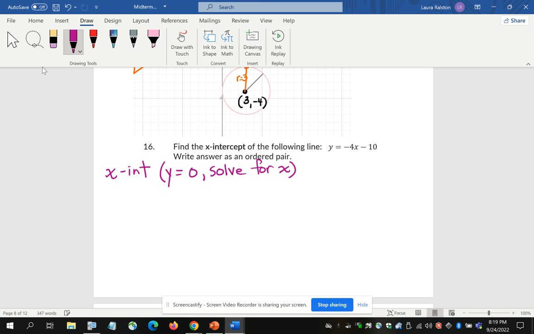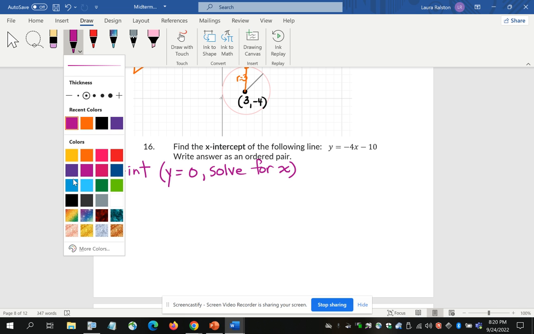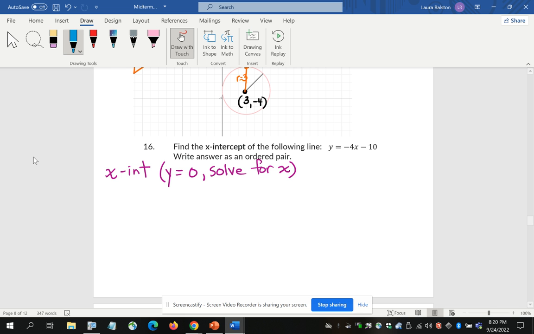It's the x-intercept, so we solve for x, and it's the point where it crosses the x-axis. So if I follow that rule, I'm going to have 0 equals negative 4x minus 10.